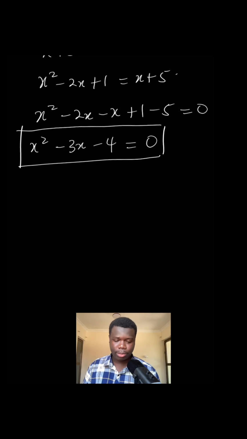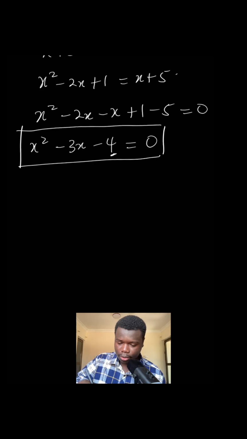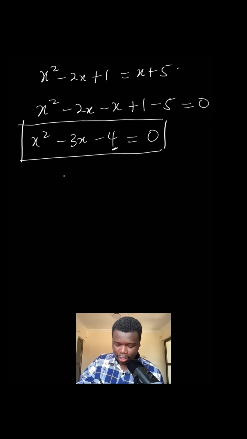Now, how do you solve a quadratic equation? You find the factors of this that multiply to get negative 4 and add to get negative 3. And those factors are, I think 1 and negative 4 works, because when I add them, I'm going to get negative 3, and when I multiply, I'm going to get negative 4. Great.